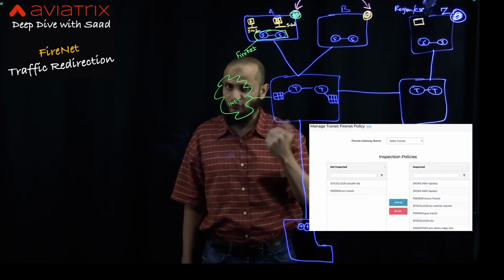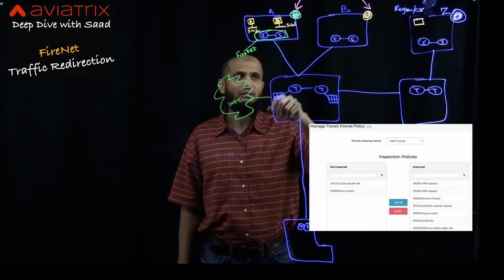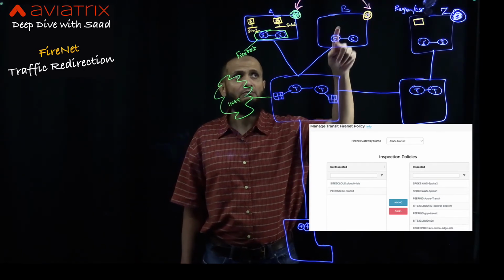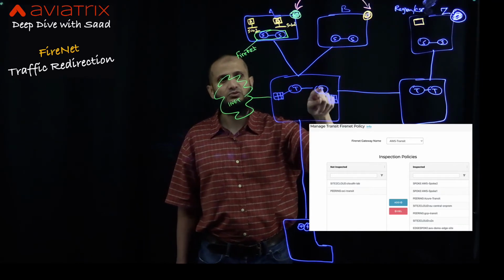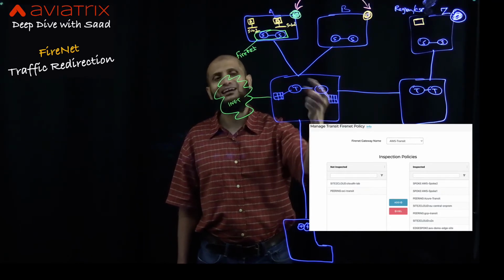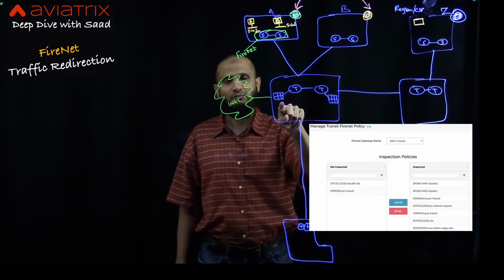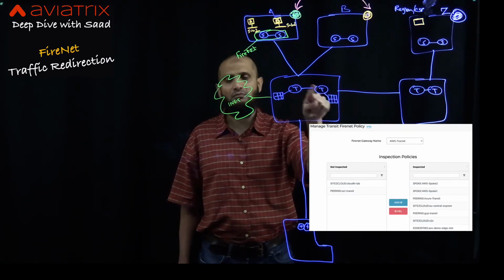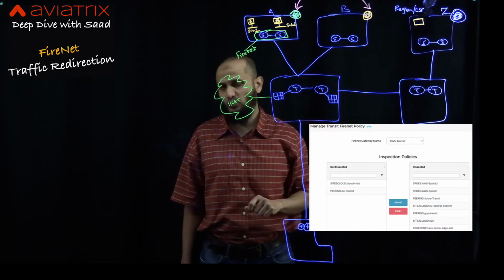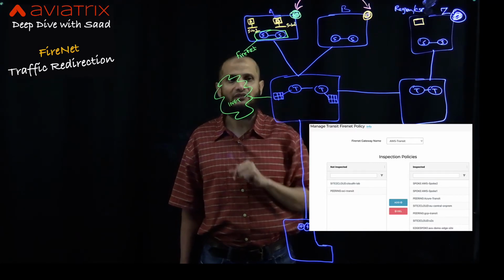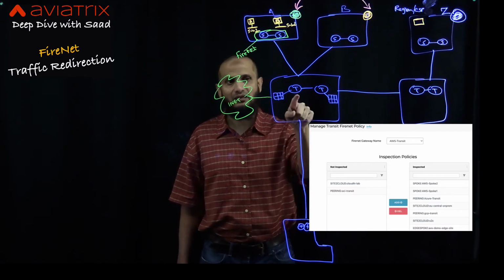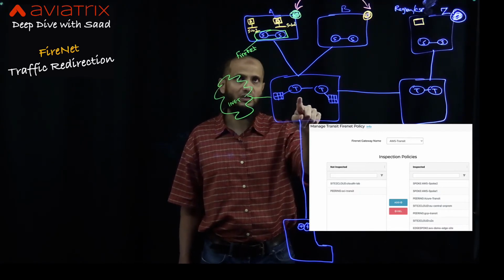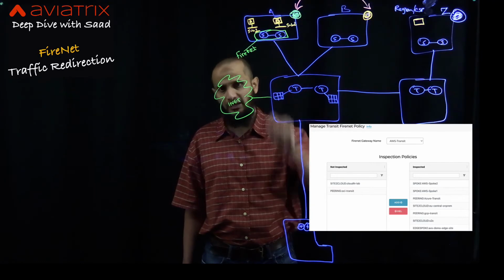Let's say there are only 2 firewalls in this particular transit, before sending it over to the B. B receives it, B sends the return, and then the traffic comes to one of these transit gateways, goes back to the same firewall because the hashing is done by the Aviatrix transit gateways at this point, and then sends the traffic over to the same firewall. Firewall inspects the traffic, sends it back to the transit gateway. Transit gateway is going to send the traffic back over to the A.